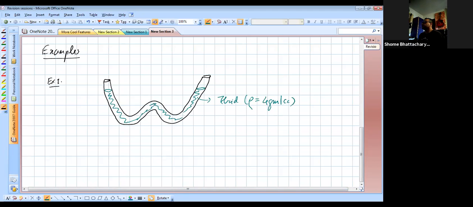Inside this we have this point E, this point B, and this point C on the surface.